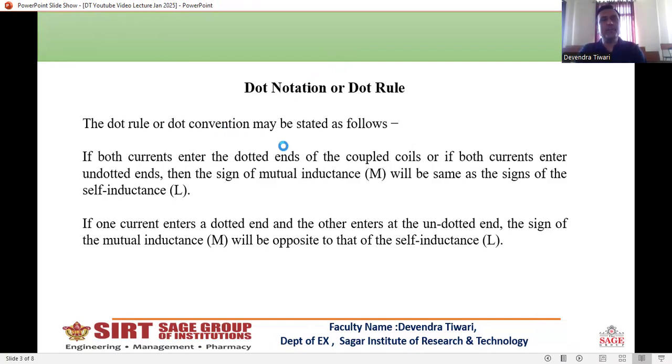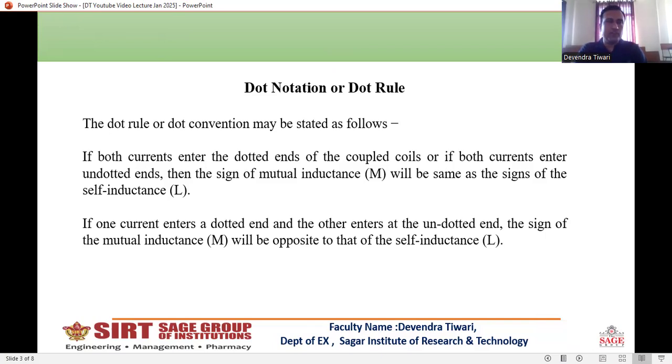If both currents enter the dotted ends of the coupled coils, or if both currents enter the undotted ends, then the sign of mutual inductance M will be the same as the sign of self-inductance. One more point: if one current enters a dotted end and the other current enters at the undotted end, then the sign of mutual inductance will be opposite to that of self-inductance.